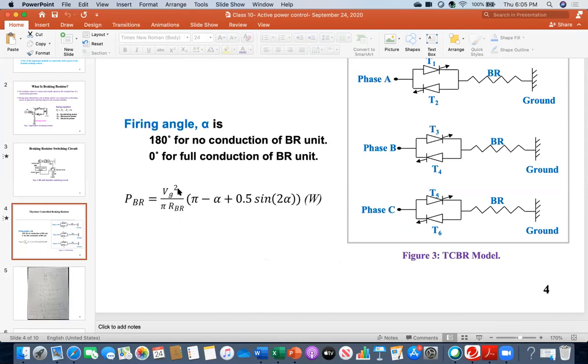You see, this is V square over pi R_BR. And keep in mind, this is the RMS voltage. This is the RMS voltage. And then in parentheses, pi minus alpha plus 0.5, or you may write half sine 2 alpha. And then the unit is watt. Yes.